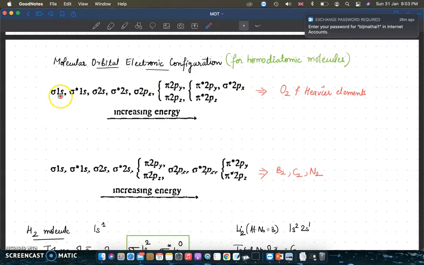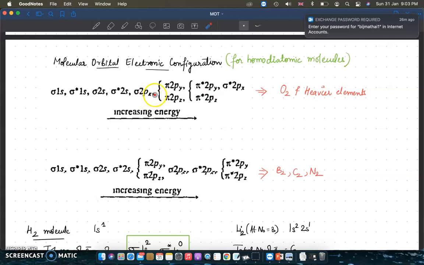You have sigma 1s, and obviously it also leads to an anti-bonding, so we have sigma star 1s. Similarly, 2s leads to sigma 2s and the corresponding anti-bonding. Then one of the p orbitals is involved in sigma bonding, giving sigma 2px.